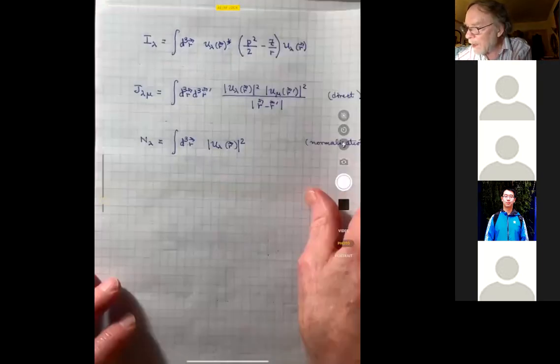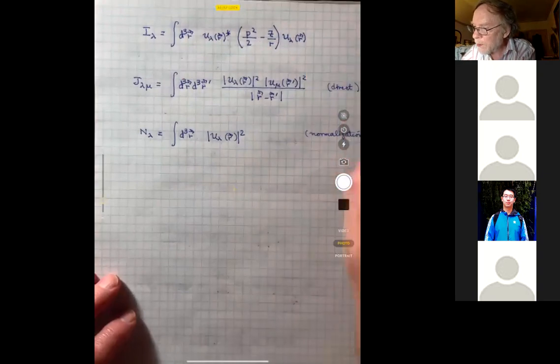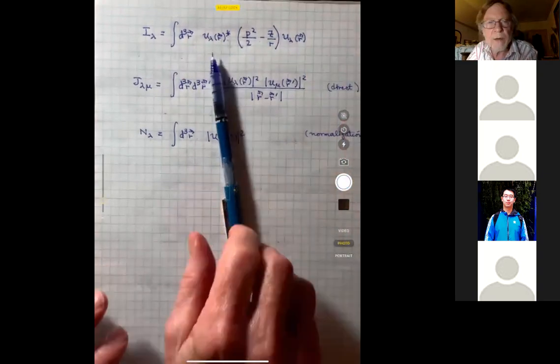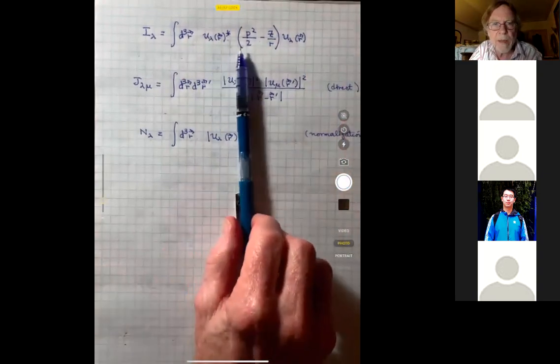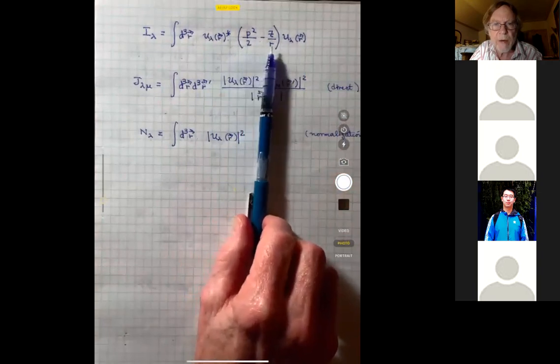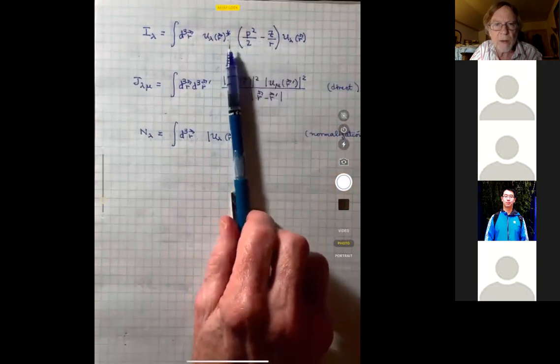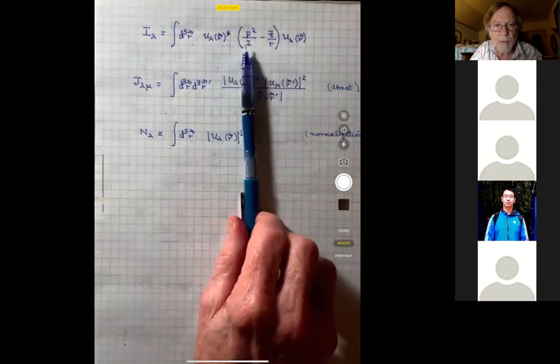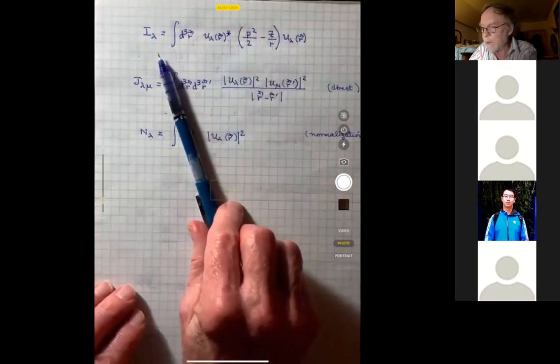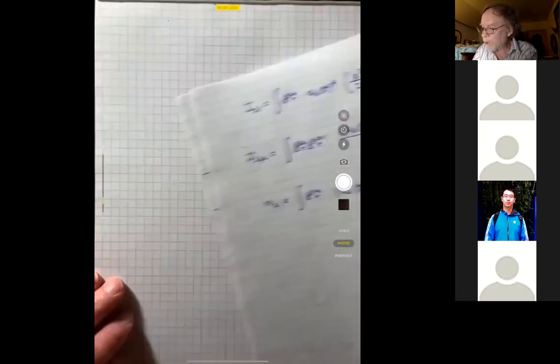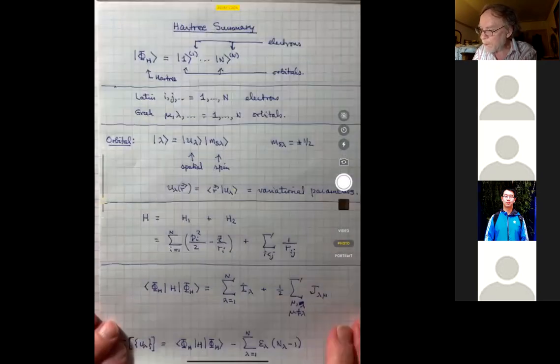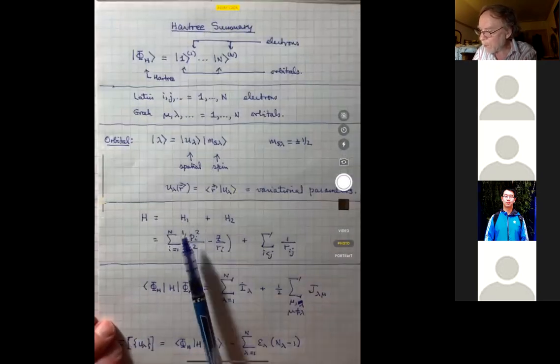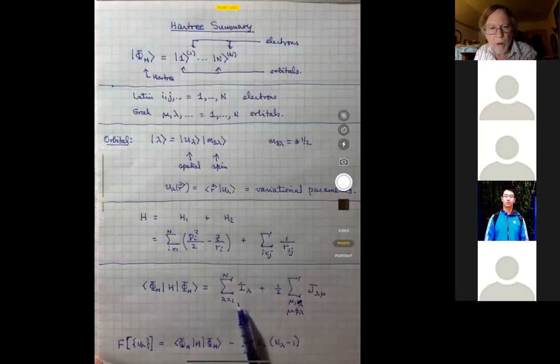The integrals I lambda here can be thought of as the energy of orbital lambda due to the kinetic energy and the energy of interaction with the nucleus. That's of course not all there is, but that's a contribution to it, and we call that I lambda. So the contribution from H1, the first term in the Hamiltonian, turns out to be the sum over all the orbitals of these I lambda integrals.